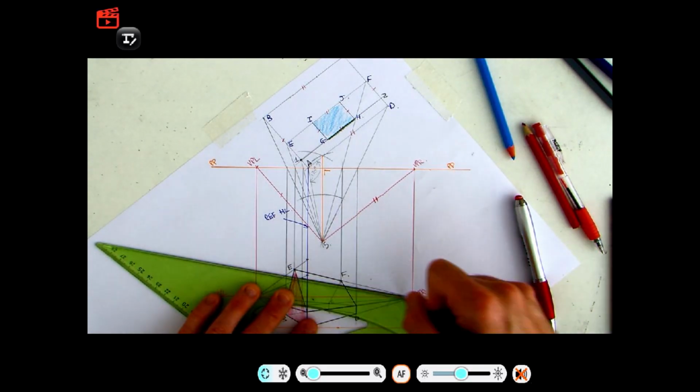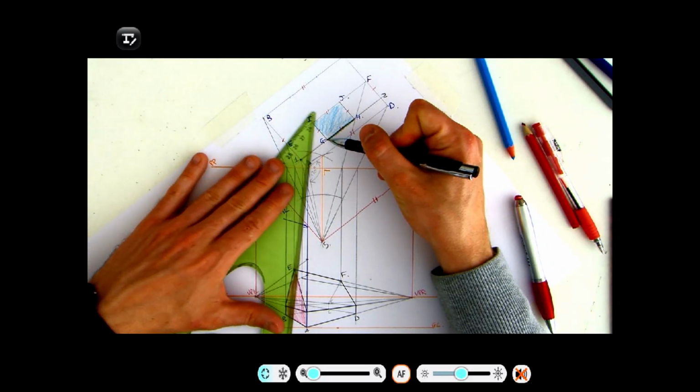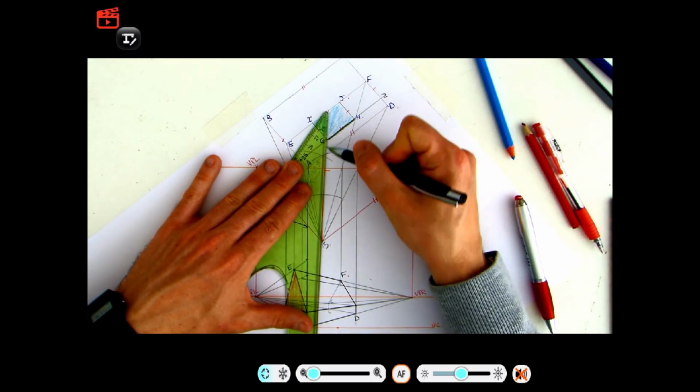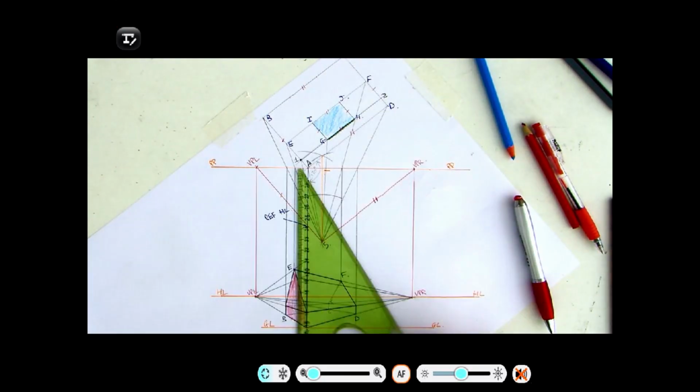So on that line, how do I find where they are? I do the exact same thing. I bring G to the eye of the spectator. Okay. Where is it being captured? Well, it's being captured on the picture plane here. So I bring G down.